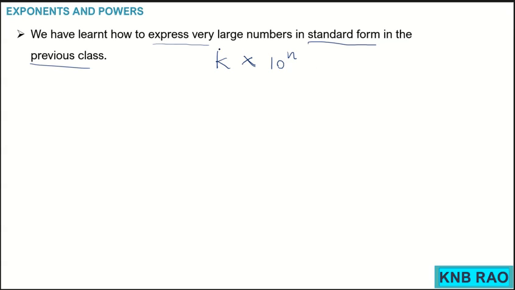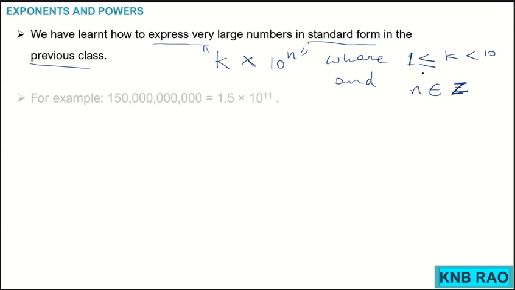A number, very large or very small, expressed in the form k into 10 to the power n is called standard form, where k should be less than 10 but more than or equal to 1. That means it can be 1 or more than 1, but should be less than 10, and n is any integer. So, these are the conditions.